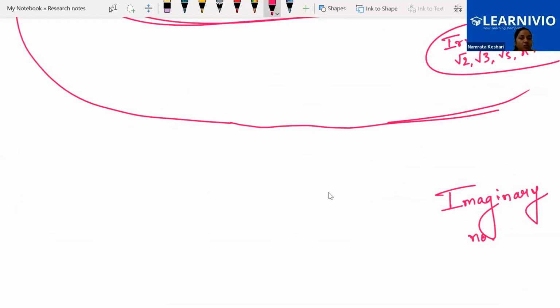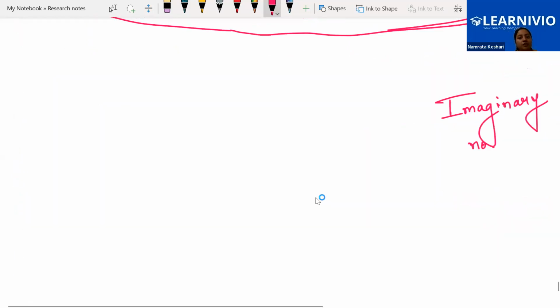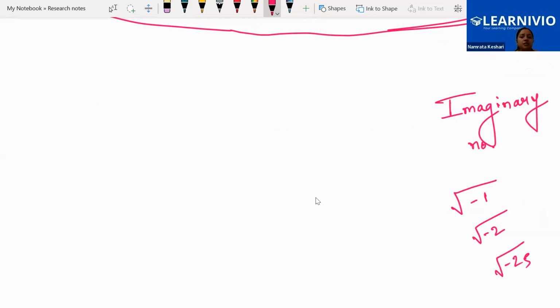And what is an imaginary number? Whenever inside the square root we have a negative number, be it -1, -2, -25, or -3, that's called an imaginary number. So here we are going to talk about real numbers, that is, all the numbers which exist in this universe.